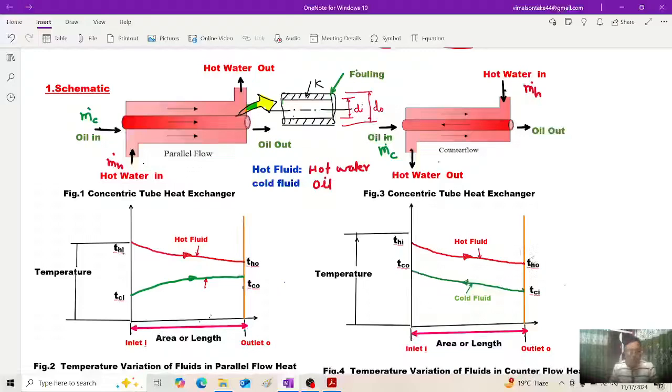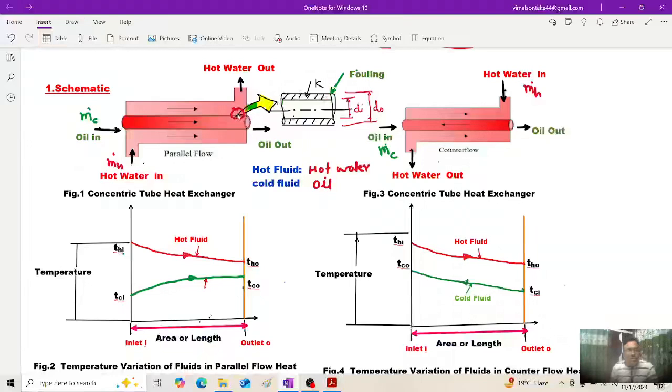Now, since the outer diameter and inner diameter of this inner tube heat exchanger are given, let me draw this surface of the inner tube on a larger scale, or enlarged view.